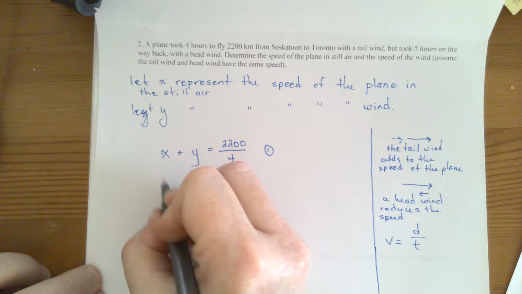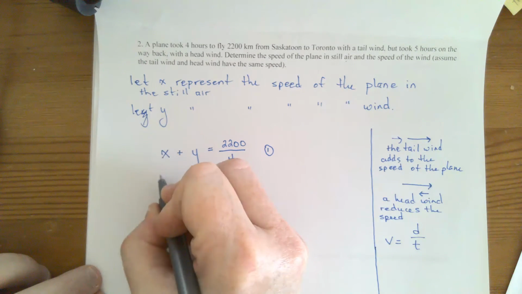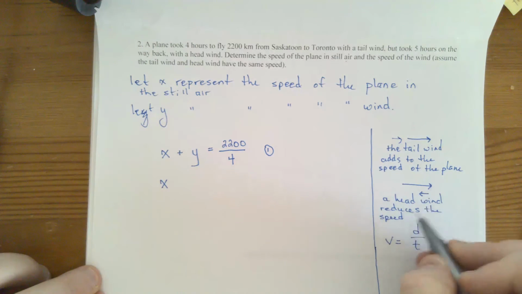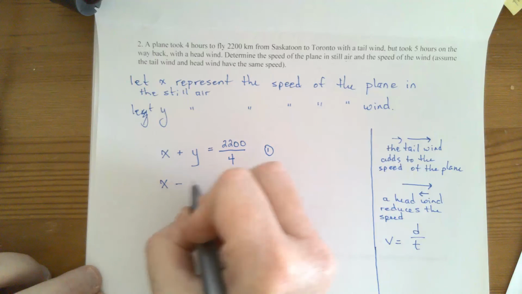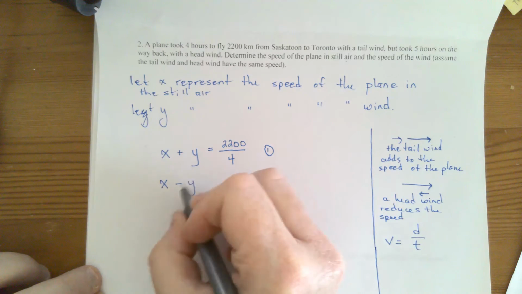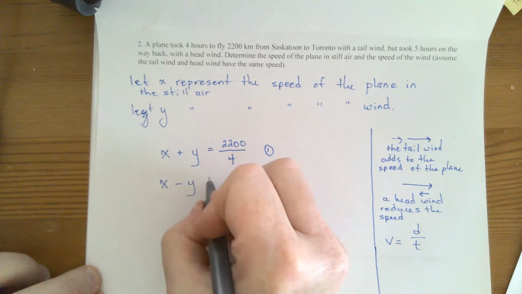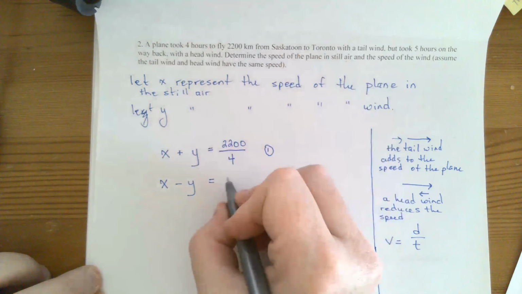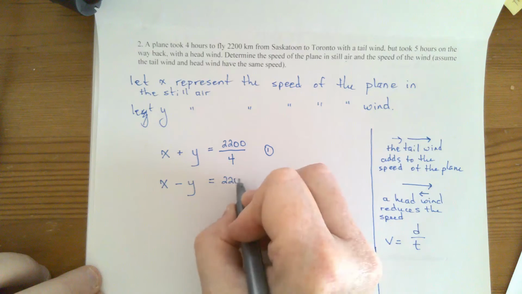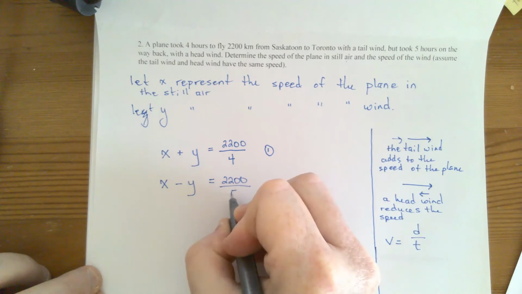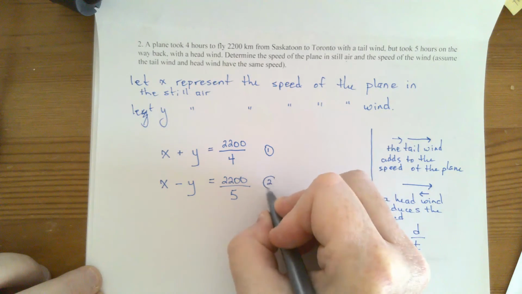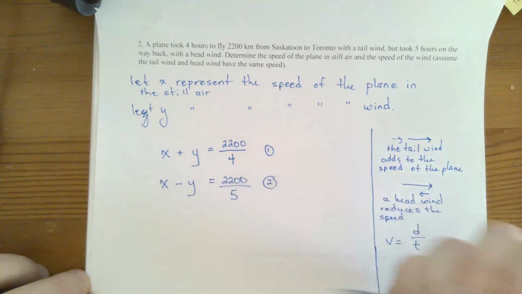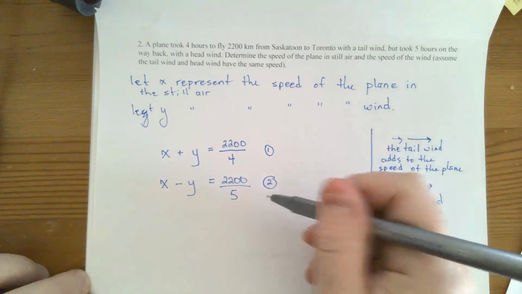Then our second equation is the speed of the plane, and because it's a headwind, it's going to reduce the speed, so we subtract the speed of the wind. It's still flying the same 2,200 kilometers, but over 5 hours. This is our second equation.